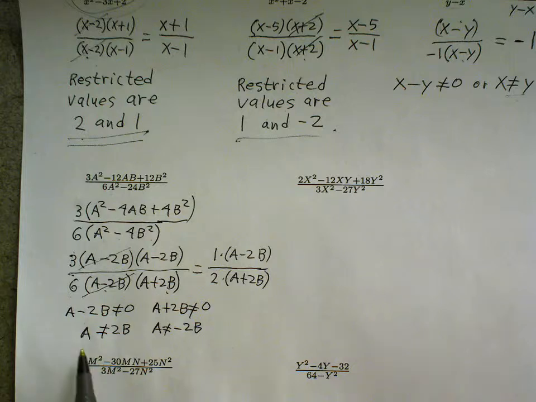So once again, this accounts for infinitely many restricted values. And so the best we can do, since we can't list infinitely many, is to say that whatever a is, it cannot be equal to 2 times b, and nor can it be equal to negative 2 times b.